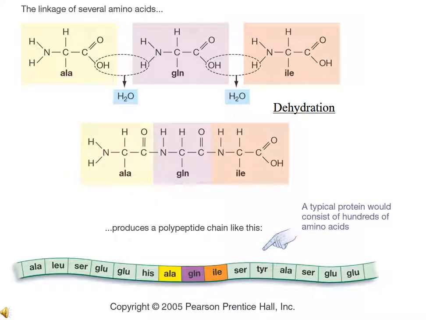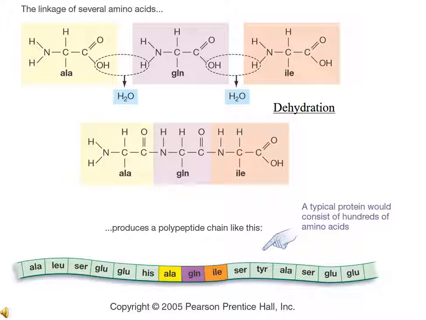So how do amino acids combine to form proteins? Again, remember the dehydration reactions we referred to in the formation of lipids and in the formation of carbohydrates. In the formation of those molecules, water was split out.